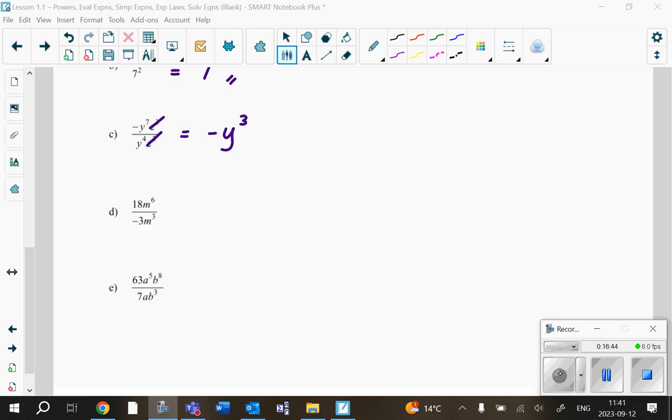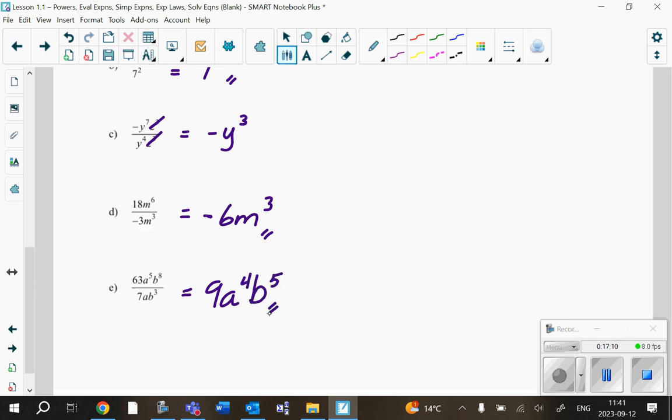North? -6 m to the 3rd, correct. E? Avery? Right. So remember, this a down below here is the same as a to the 1st.